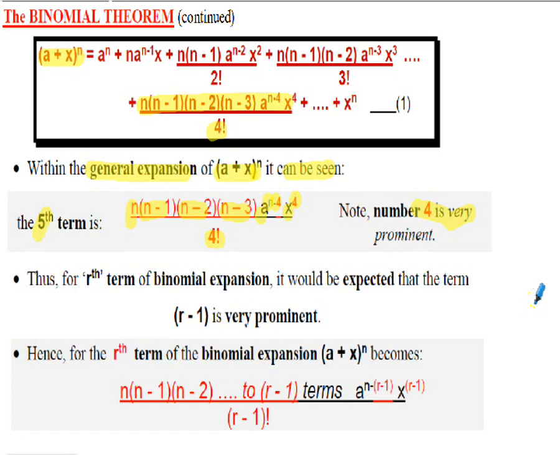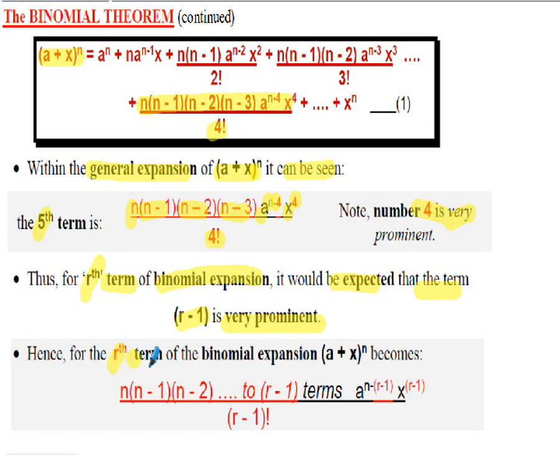And this is useful sometimes when we're looking for a specific term in a series, so we don't have to expand the full series. The rule is that for the rth term in a binomial expansion, it would be expected that the term r minus 1 is very important.